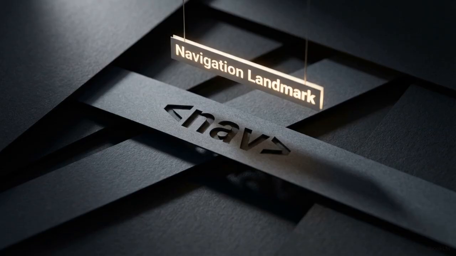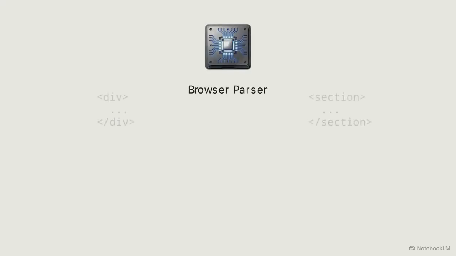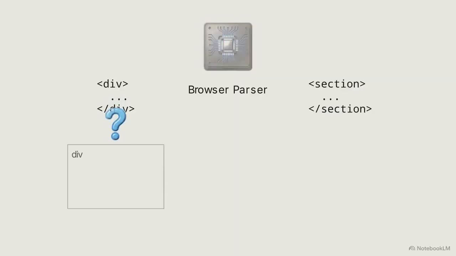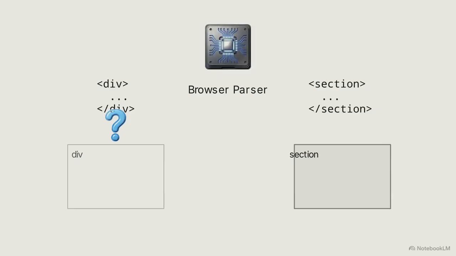Once the DOM is constructed, the specific tags used by the developer become active data descriptors. This side-by-side comparison shows how the parser handles different nodes. A generic div registers as a semantically empty box. A section tag, however, acts as a specific data descriptor. It generates an implicit ARIA role of region. ARIA stands for Accessible Rich Internet Applications, a standard that defines how elements are identified to assistive technologies.